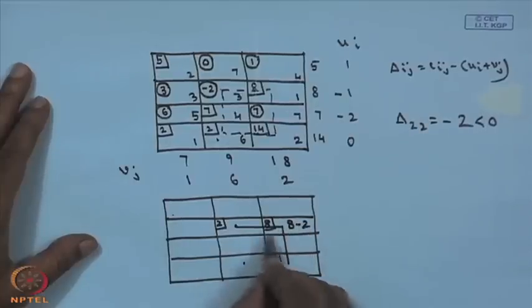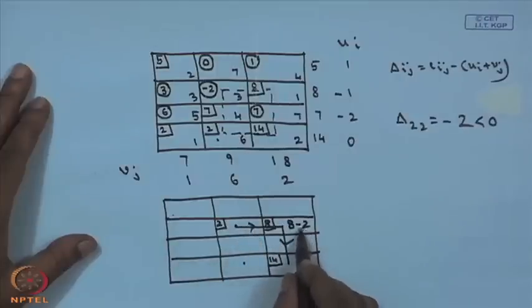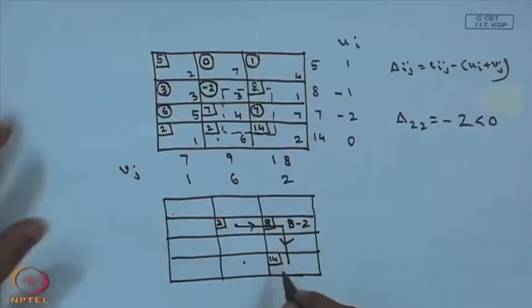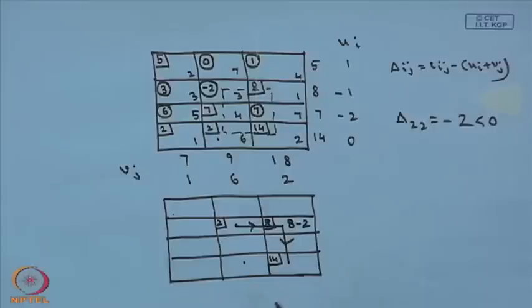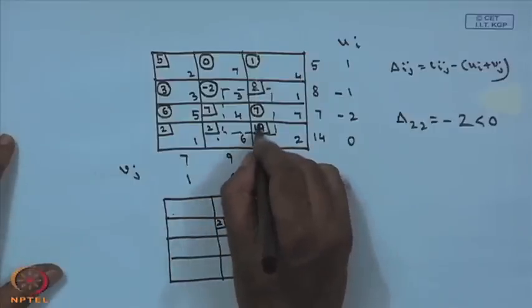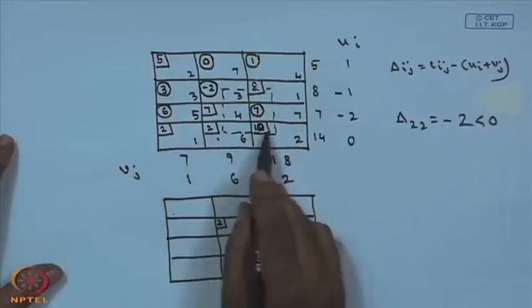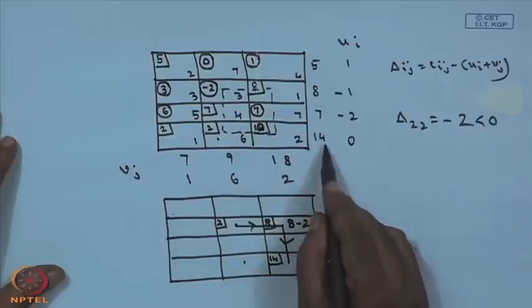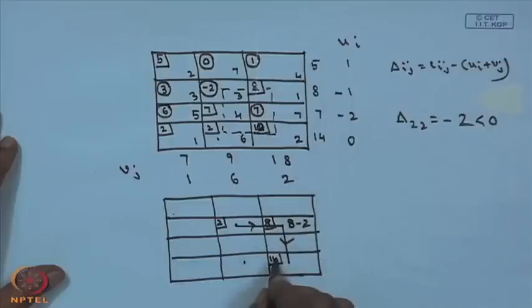Then I am coming here, so I am moving in this direction. Here, since on this column I have made 2 less allocations, that was 10, sorry, this allocation will be 10, not 14. 2 plus 2 plus 10, so this allocation will be 14. Once I make this allocation 14, therefore this is 10.